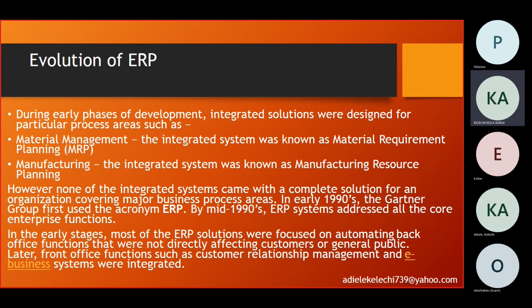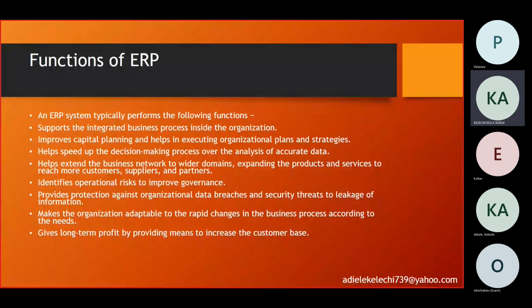So before now, ERPs, like I said, were basically handling different functions in different departments. Right. So the idea of an integrated approach is what we experienced in the early years, with the coming of SAP and other ERP platforms.